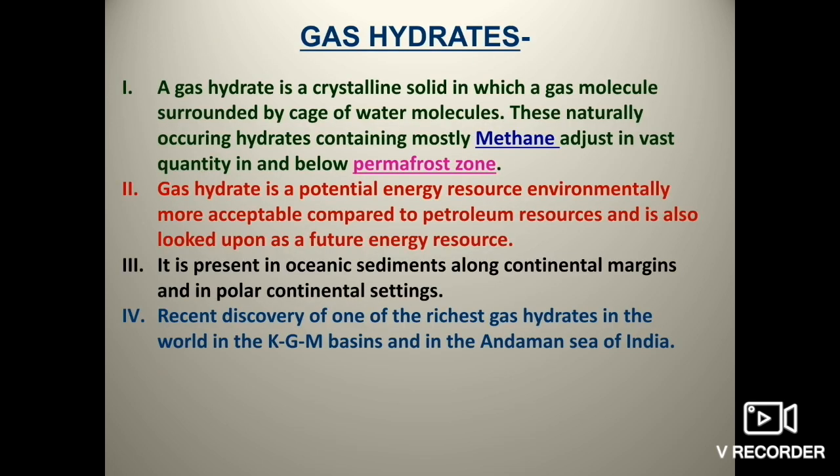And the next important one is the gas hydrates. A gas hydrate is a crystalline solid in which a gas molecule is surrounded by a cage of water molecules. So what are gas hydrates? These are crystalline solids in which a gas molecule is surrounded by a cage of water molecules.